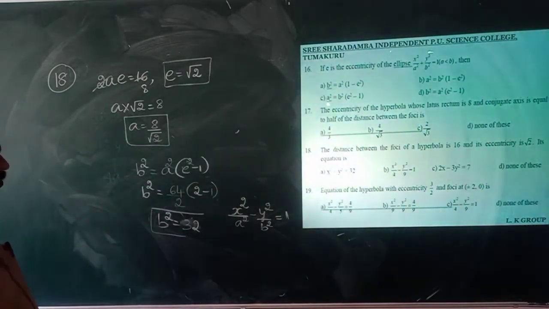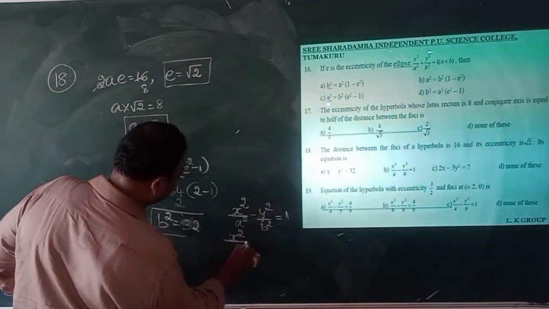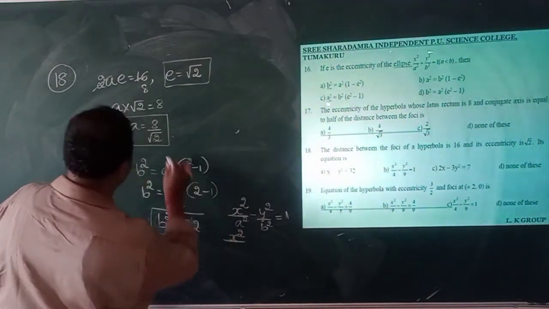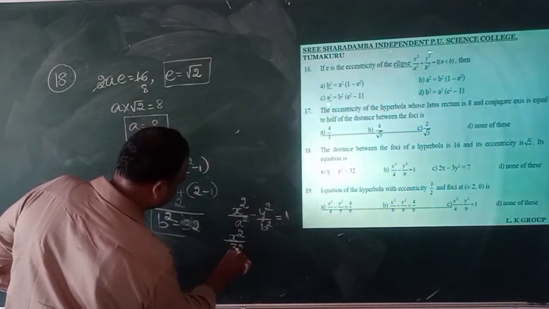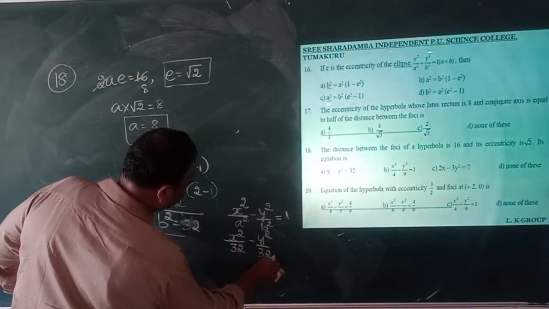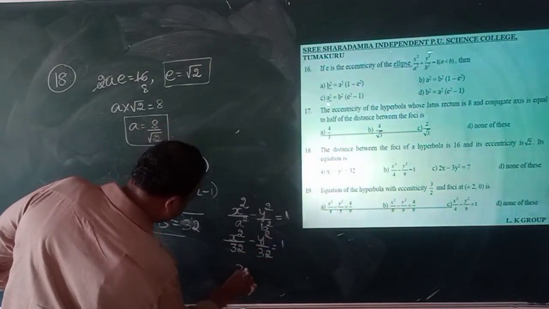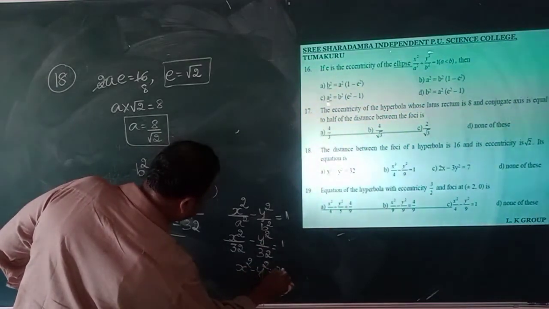So now substitute in this: x square by 32 minus y square by 32 is equal to 1. You can write this as x square minus y square is equal to 32.